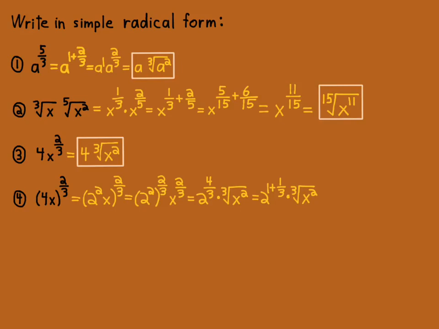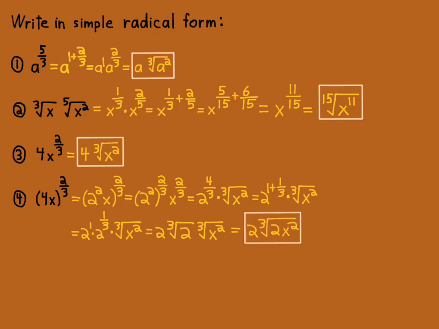So from that I get 2 times the cube root of 2 times the cube root of x squared. Since they're both cube roots, I can just put those together like that. So that's one way to go about doing it. There are other routes you could take that would be fine, as long as you come up with this answer. Remember, the answer has to be in simplest radical form.